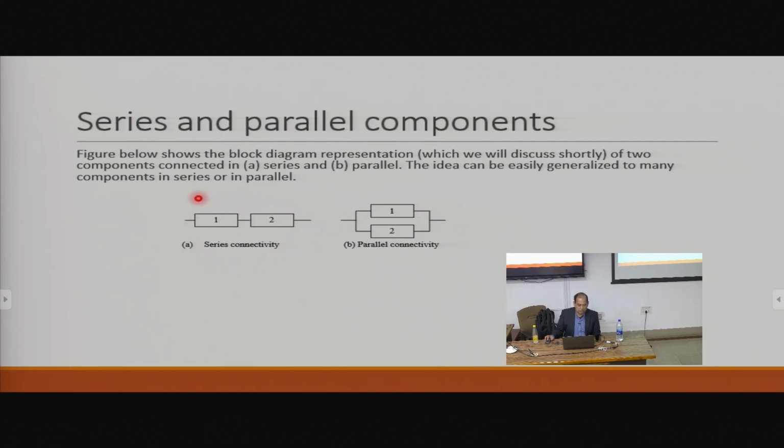So just to understand basic concept, the reliability of a series system here would be less than the reliability of even the least reliable component. Okay. The reliability here would be more than the reliability of even the most reliable component, right?